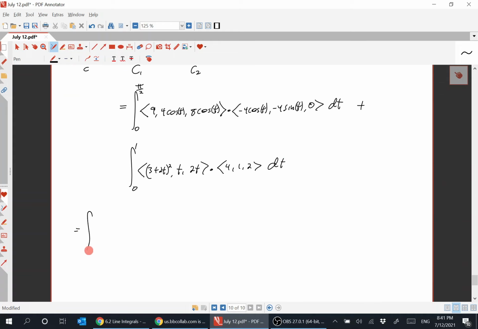So this is equal to the integral from 0 to pi over 2 of minus 36 cosine t minus 16 sine t cosine t and then 0.